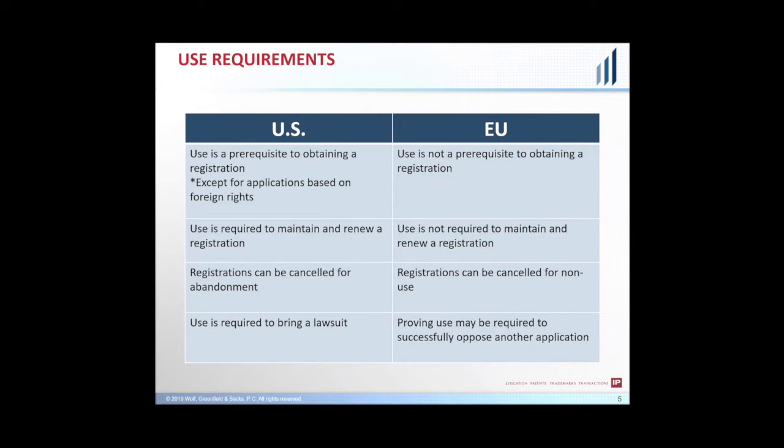So in the EU, third parties can petition to cancel registration for non-use after that registration is 5 years old. And also, if you're trying to use your registration to oppose another application, the party that you are opposing can come and ask you to prove that you're using the mark in order to successfully oppose that application. And this is largely the case in the US as well. So in the US, registrations can be canceled for abandonment, and also use is required to bring a lawsuit.